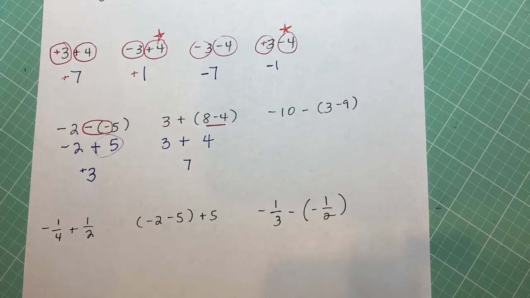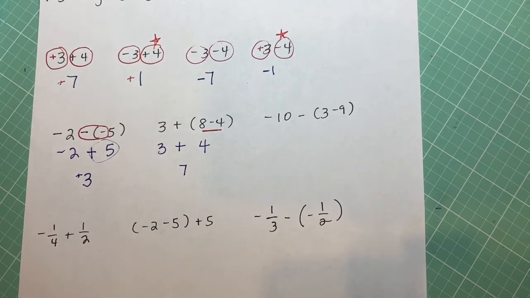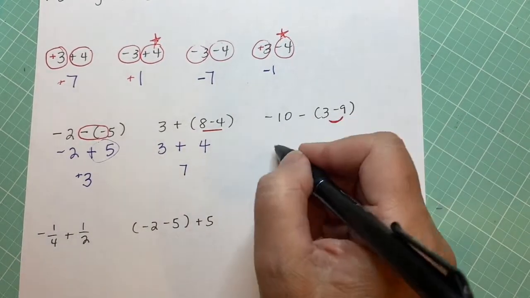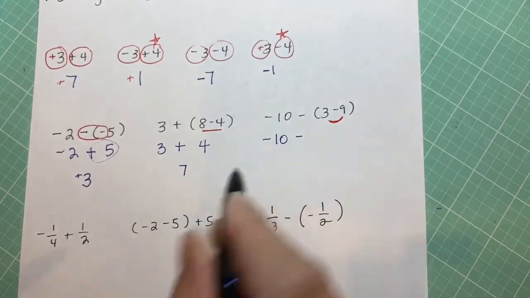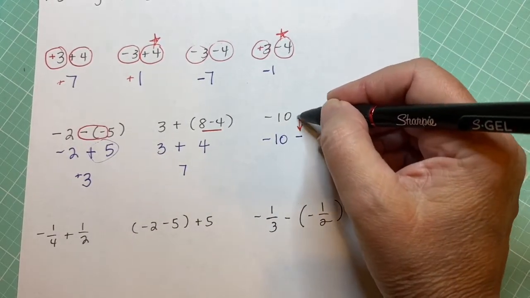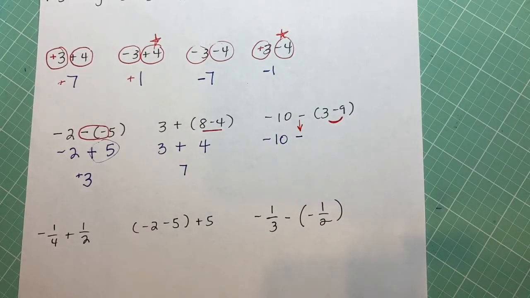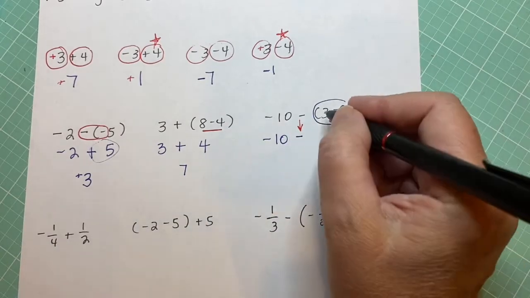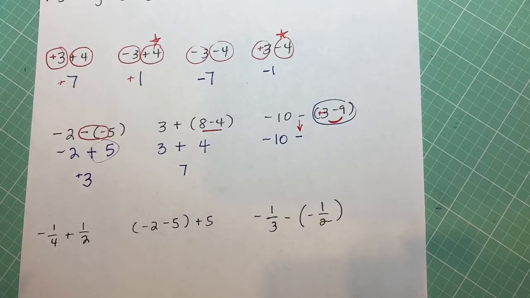So keep those notes off to the side there. This next one, order of operations tells me I go to parentheses again, but this negative, 10, and this negative all come down. And this is really important. If people make a mistake, it's usually that they don't bring that one down, and I'll show you why here in a minute. Because when we look inside here, this is like a positive 3 and a negative 9.